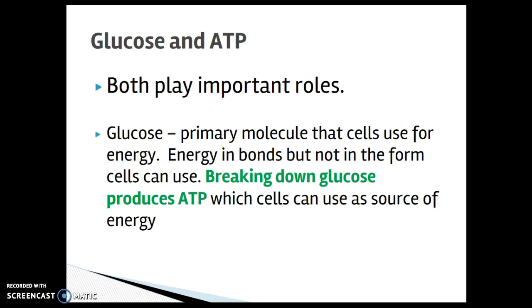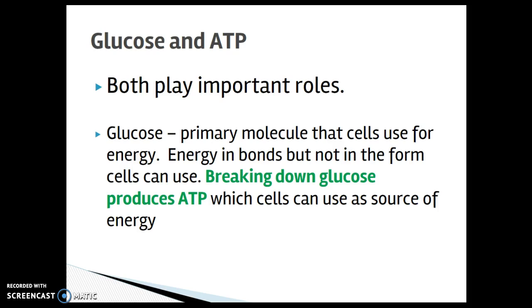Glucose and ATP both play important roles in this process. We've already talked about glucose as being one of those stored molecules. It's that primary molecule that cells use for energy, that primary molecule that enters to be broken down. So there's energy in those bonds, but not in the form cells can use.